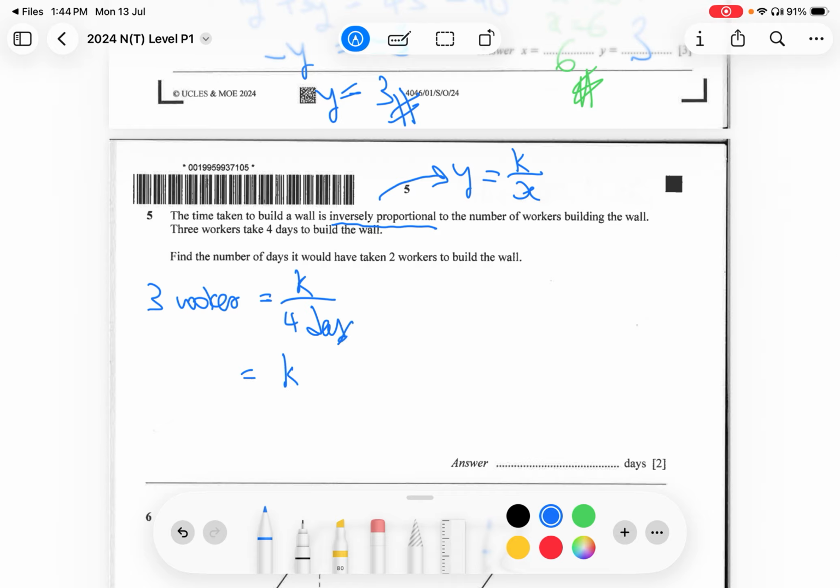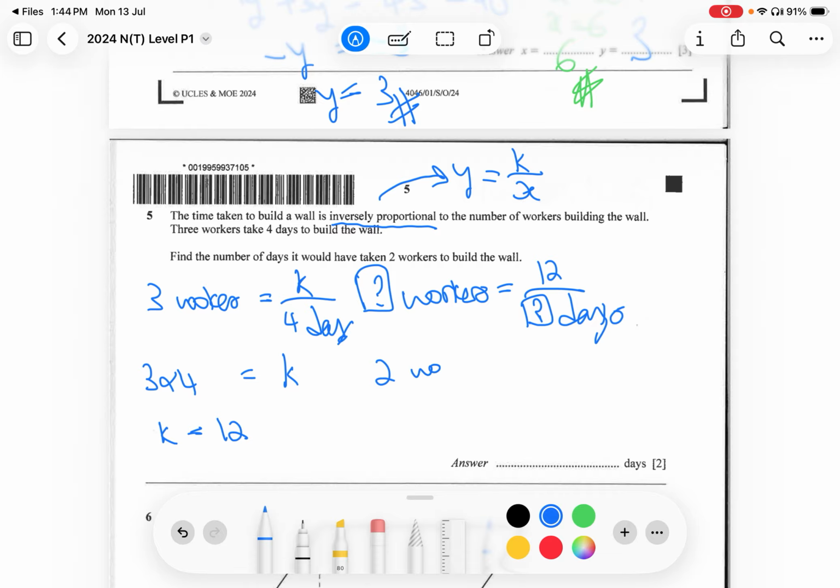So the k will be 3 times 4. k will be 12. So it will be the number of workers equals to 12 over the number of days. This is the equation. So find the number of days it takes for 2 workers to build the wall. 2 workers equals to 12 over days.